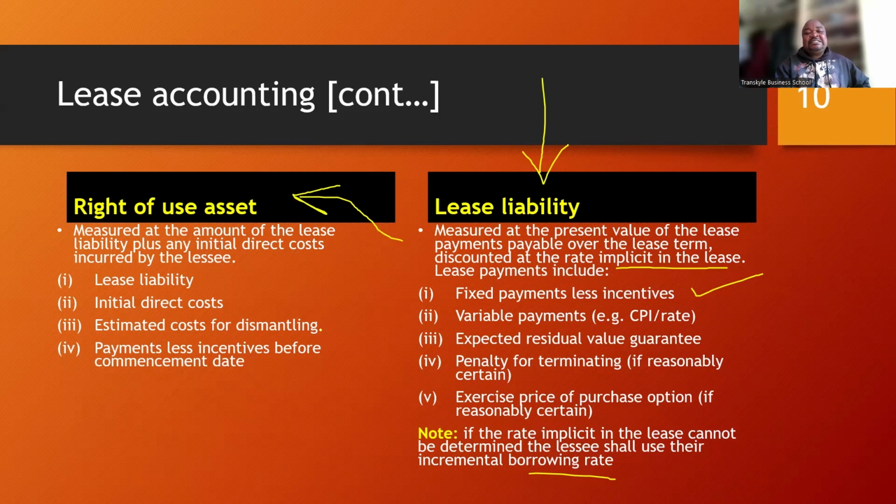We have been told that this should be at the same value as the lease liability. However, the right of use asset includes the lease liability itself, plus, this is why I say you need to first start with the lease liability, because the full amount of the lease liability is in the right of use asset, plus initial direct costs, which are also going to be debited to this asset, and the estimated cost of dismantling, which is also debited here.